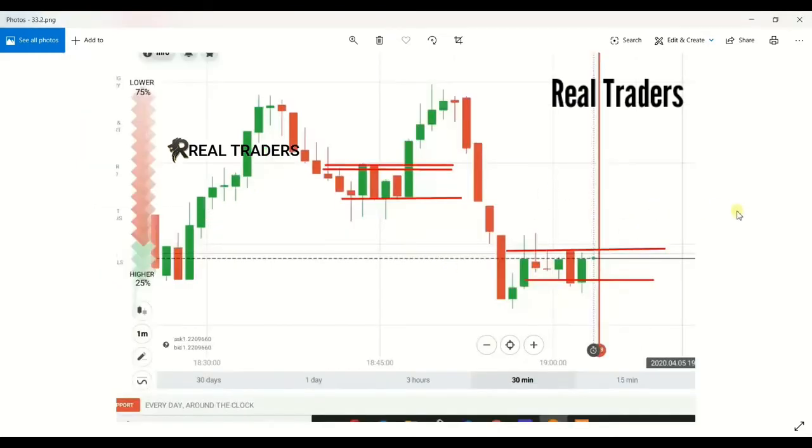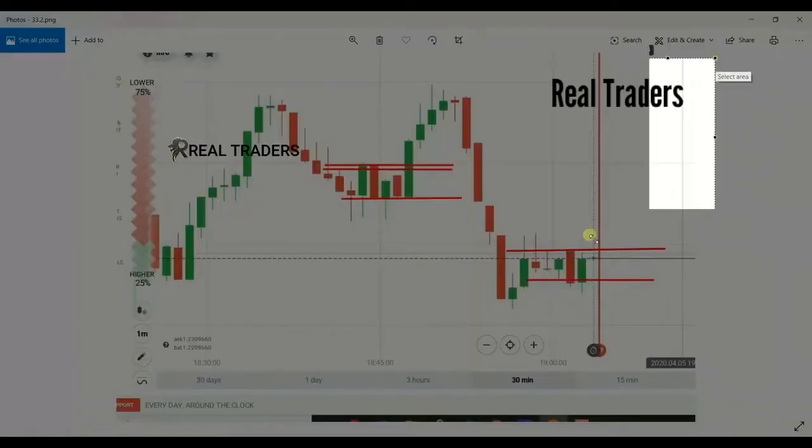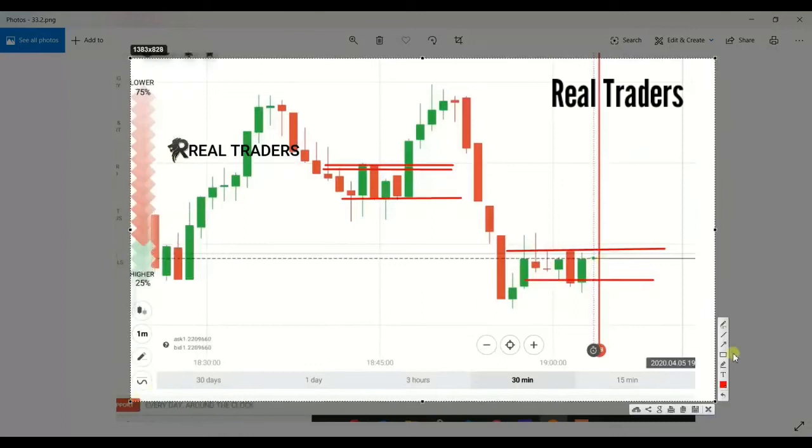Okay, now let's talk about the consolidation area. I talked about the consolidation area in the previous class also, but I want to repeat it again. You can see this is the consolidation area. The market doesn't have any movement and it's blocked in a box. So what can we do in the consolidation area? Trading in the consolidation area is very risky.